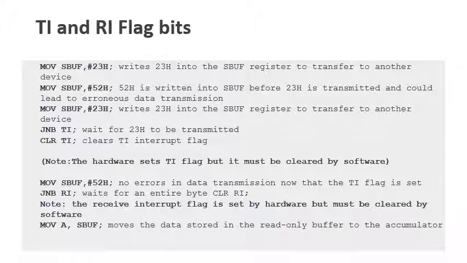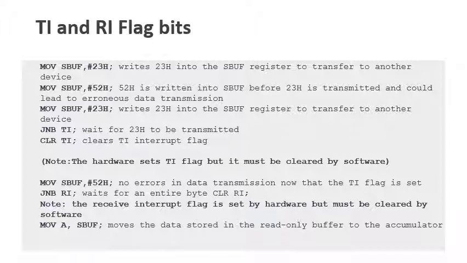JNB TI waits for 23H to be transmitted, then CLR TI will clear the interrupt flag. Next, MOV SBUF, #52H. By doing it in such a manner, no erroneous data transmission will occur and all the data will be transmitted. So TI plays a major role in stopping the overwriting of data which has not been transmitted previously.